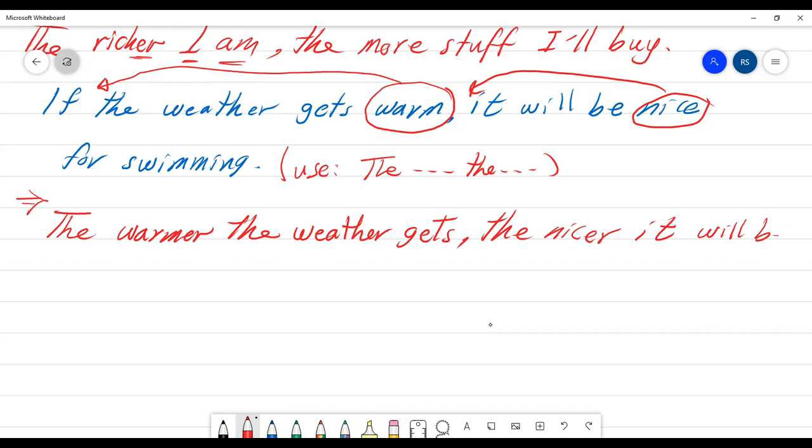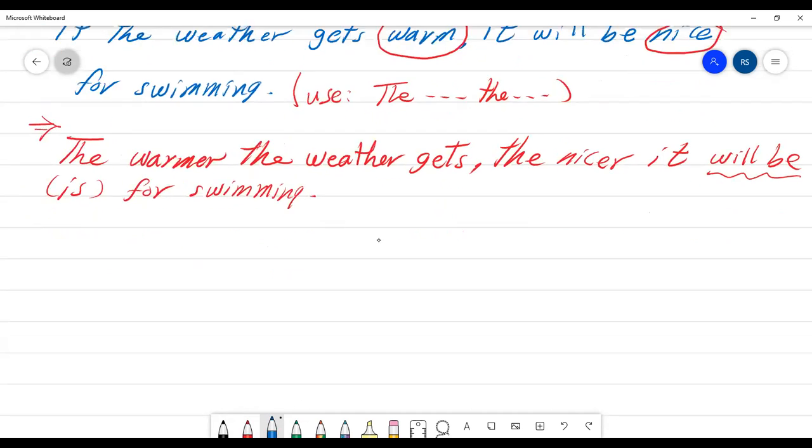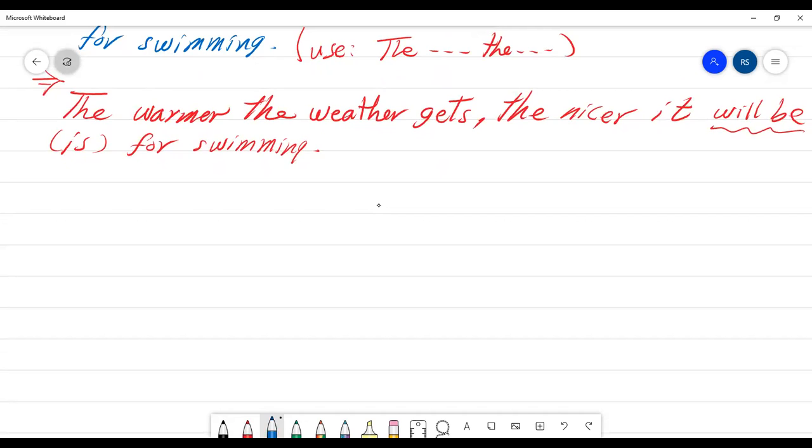It will be, or instead of be, I can say it is for swimming. Great, my friends. Is it clear now? Yes, teacher. I know now that you got it. The last example.